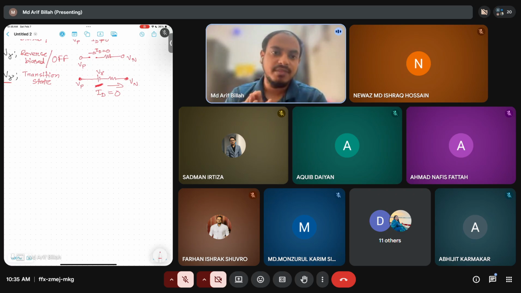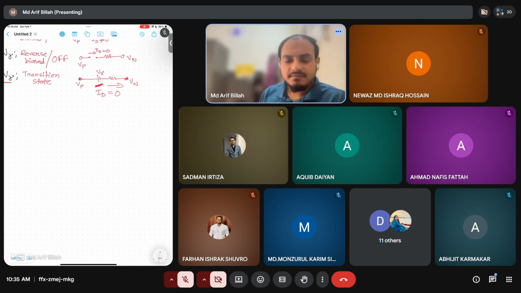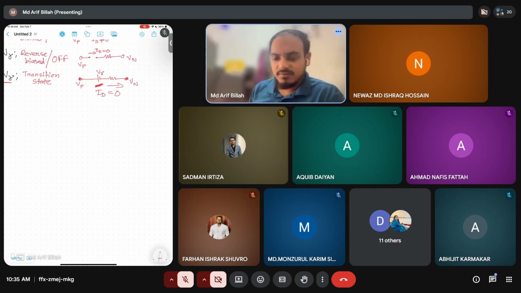So it's like an equilibrium at Vp minus Vn equals V gamma. তো I don't think you have to think about diffusion at that point. ঠিক আছে? Yes, sir.